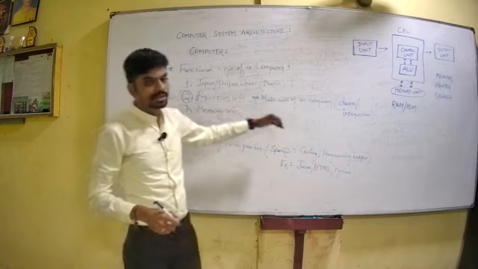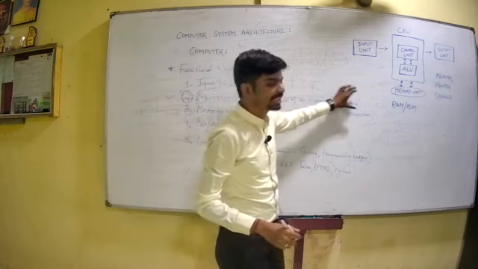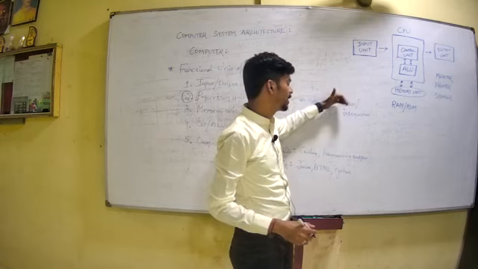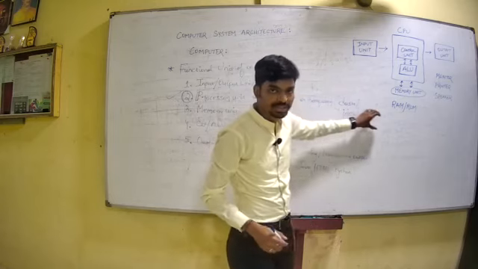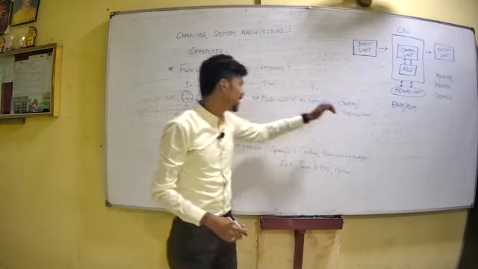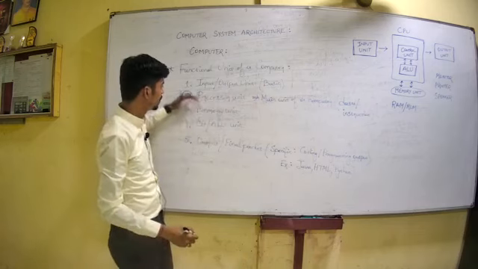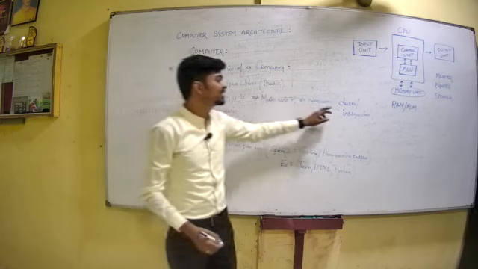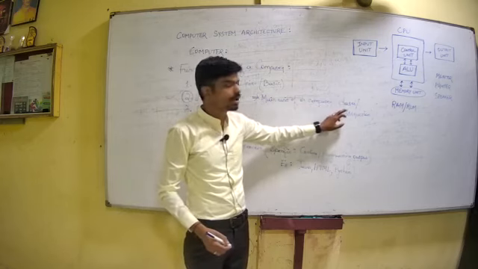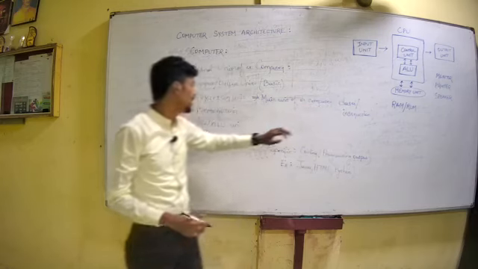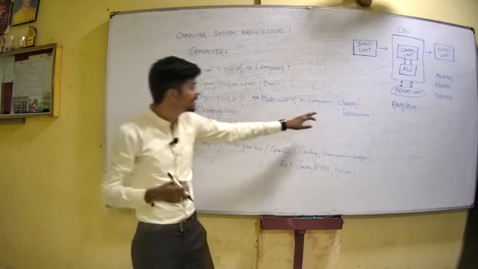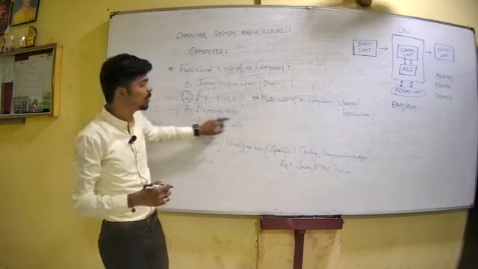That means when a user gives any data or wants to run any program, it has some instructions which are given to the processor. The processor unit processes that data or instruction and gives the signal to the memory unit.